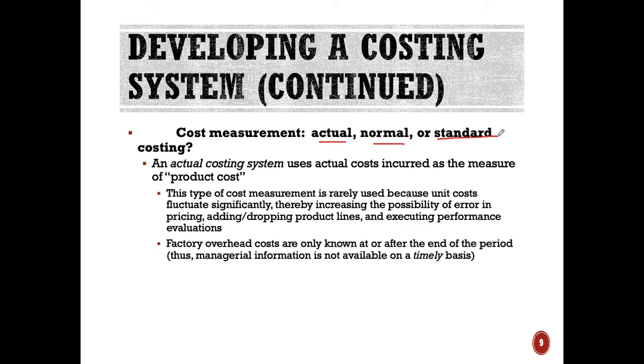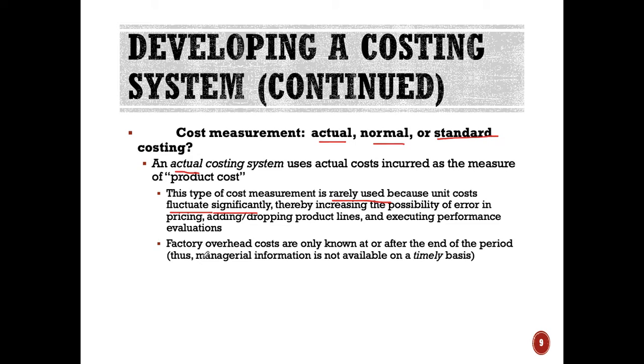This type of cost measurement is rarely used because unit costs fluctuate significantly, thereby increasing the possibility of error in pricing, adding or dropping product lines, and executing performance evaluations.